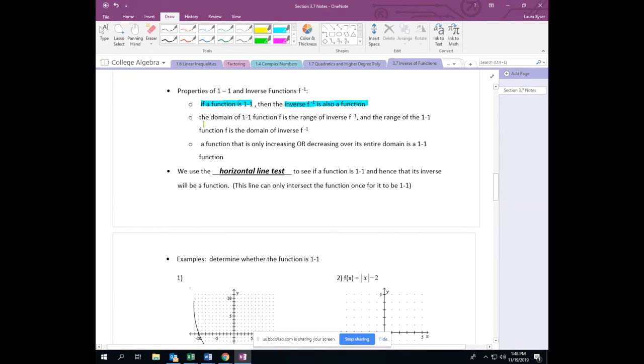Second thing, the domain of a one-to-one function becomes the range of the inverse, and the range becomes the domain. That's because of the nature of inverses. You switch the x's and y's in the ordered pairs. So the original domain is now y values, and the original range is now x values, which means they kind of flip-flop sets.